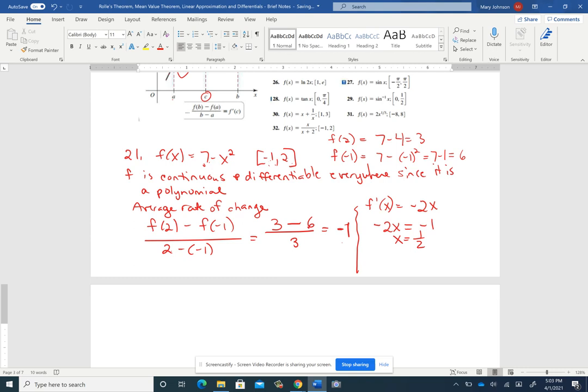If your function's continuous and differentiable on some interval, then for the average rate of change between any 2 points, you should be able to find a place where the first derivative equals that. And we just found it happens when x is 1/2. Okay, and we could plug 1/2 into the original function and find the y coordinate if they really want the ordered pair.